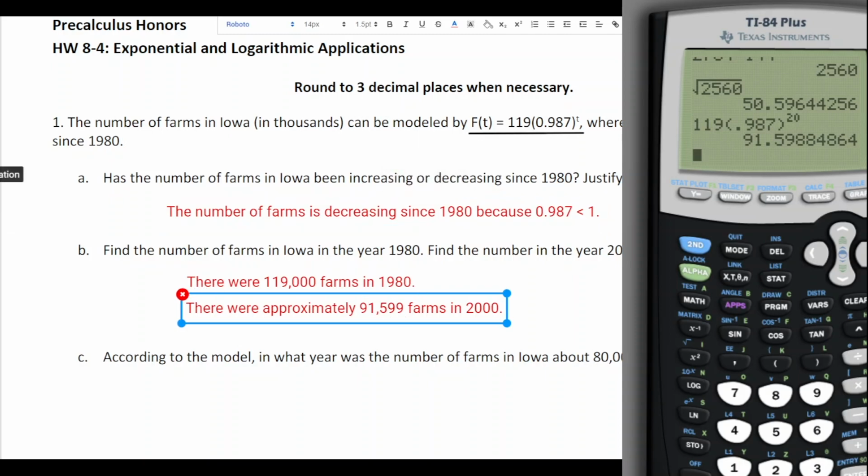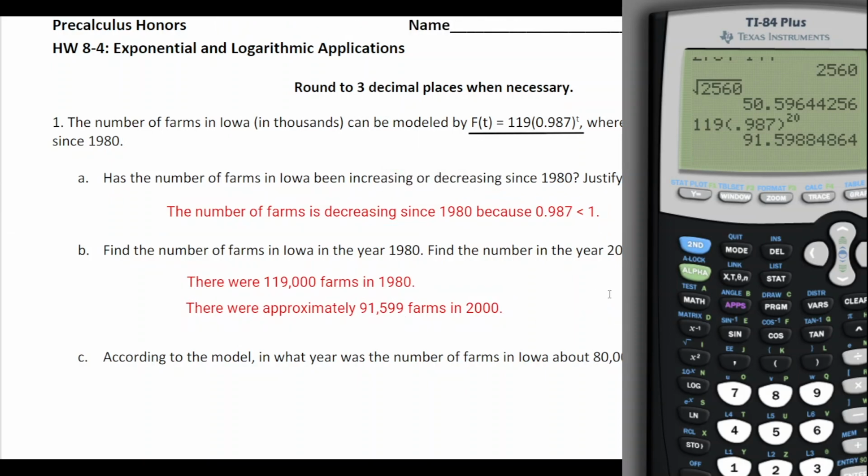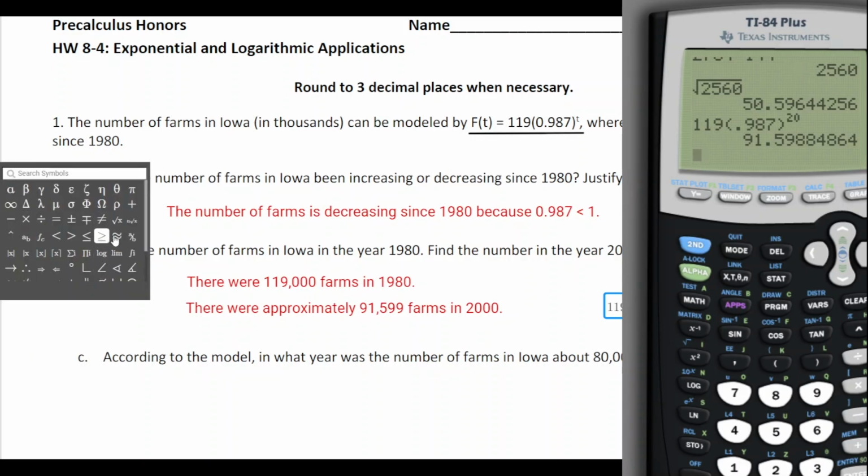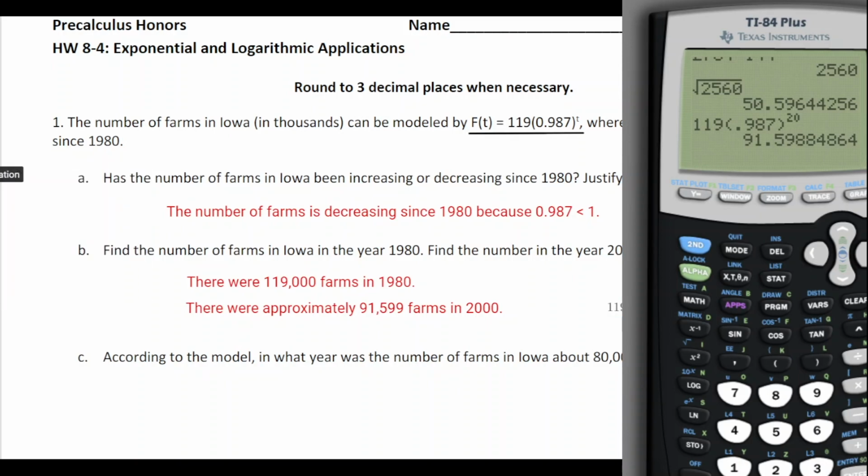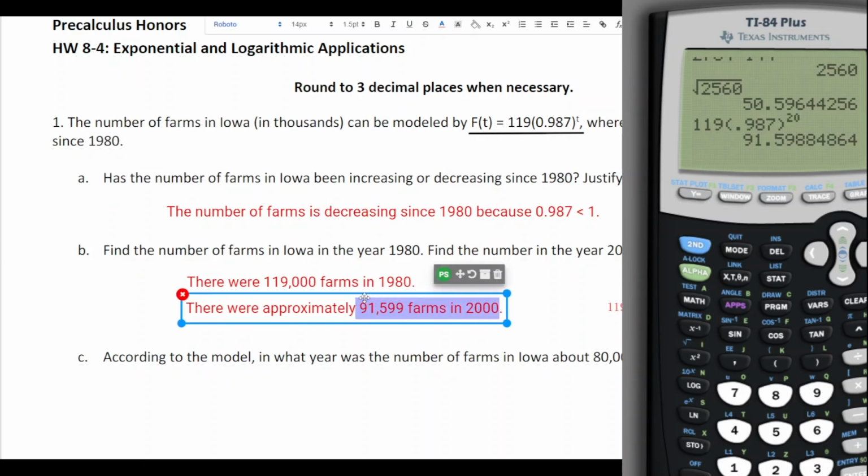So again, the way that we calculated that was 119 times 0.987 to the power of 20 is approximately 91.599. Okay, and that's how we're getting this answer.